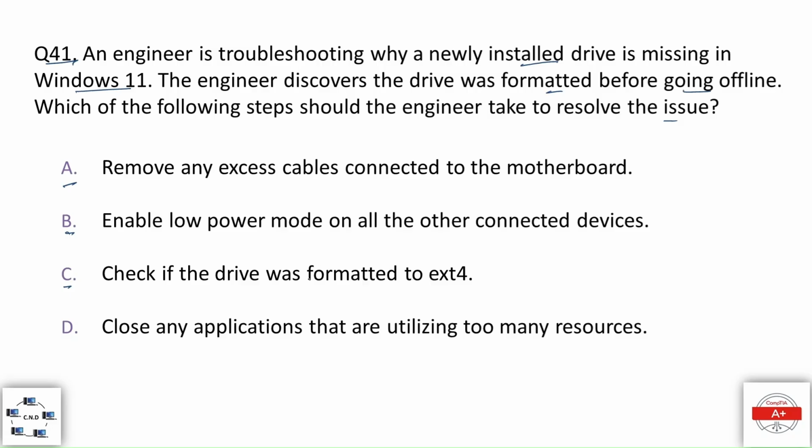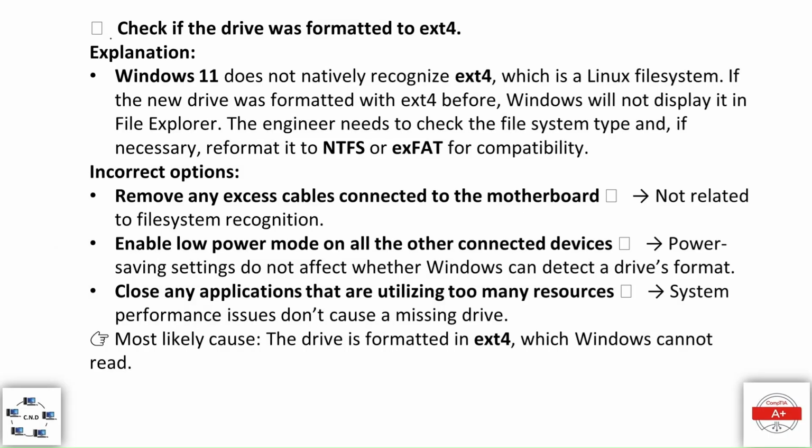Option C, check if the drive was formatted to ext4. And option D, close any applications that are utilizing too many resources. And the correct option is option C, check if the drive was formatted to ext4.